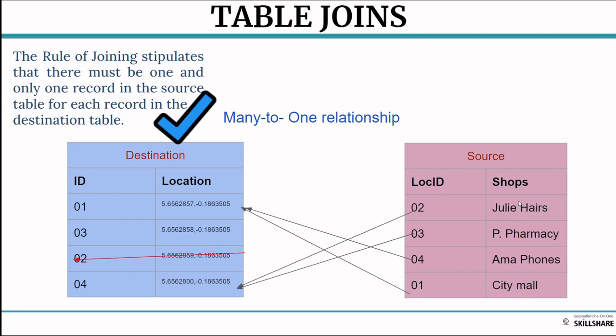If that's the case, one location can relate to multiple shops. So we have one record here and it connects to several. Julie Hair and P Pharmacy are found in the same building, so they have the same location, whilst Ama Phones and City Malls also share one location, so they relate to the same coordinate. And so we are saying that we have a many-to-one relationship.